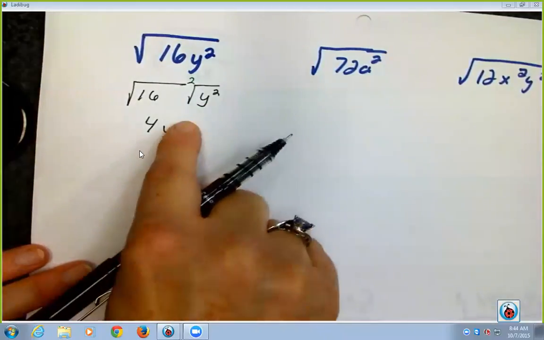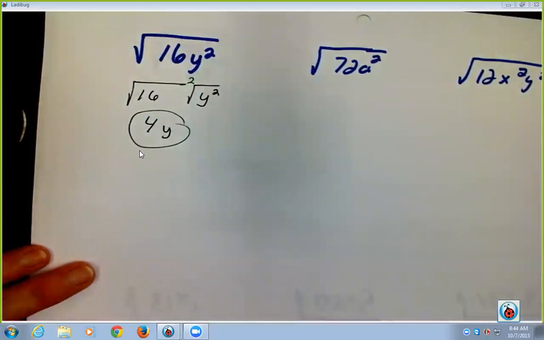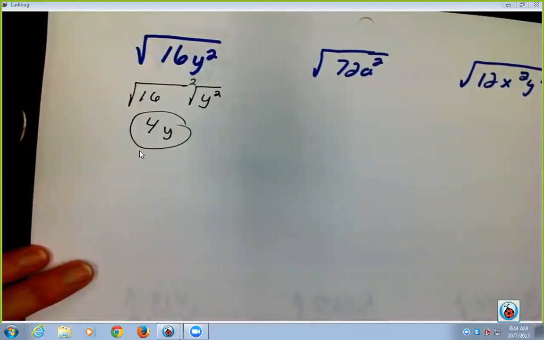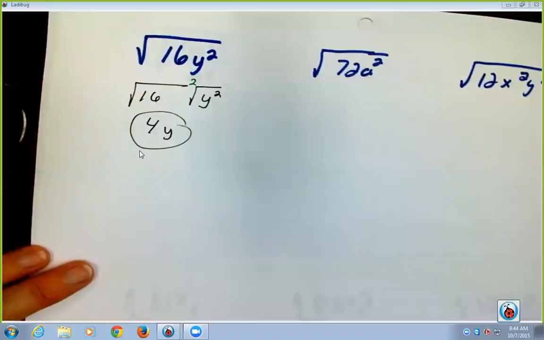So my y is going to be to the first power. So my answer is 4y to the first power. So you're looking at combinations of what type of stuff you can haul out of there. So what about this next piece, 72?